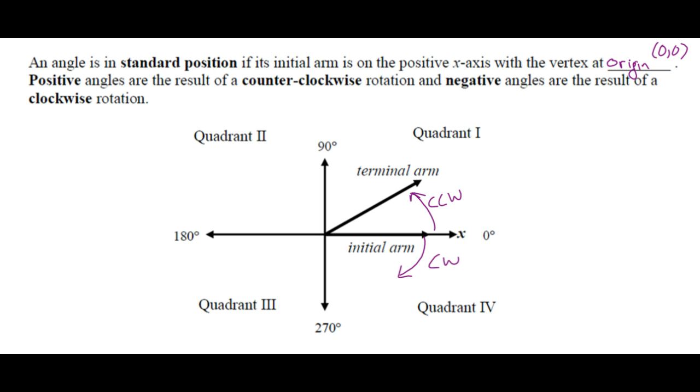So 0 degrees to 90, then 180, 270, back to 0, which could also be 360 degrees. This is quadrant 1, so the quadrants are named quadrant 1, 2, 3, 4, basically just in the order that you encounter them as you rotate. So you start off here, you're rotating through quadrant 1, then 2, then 3, then 4.